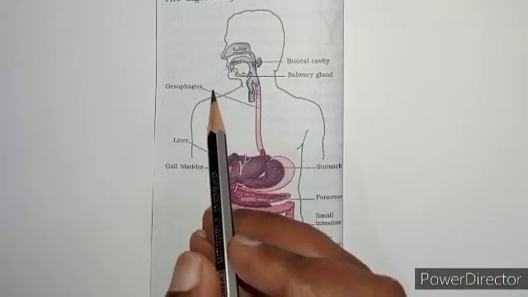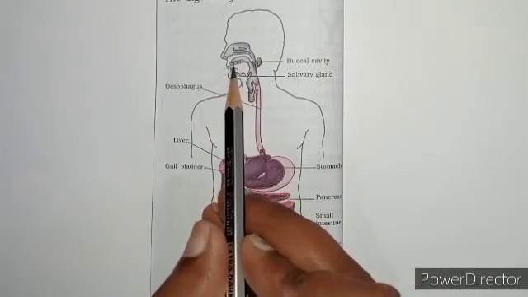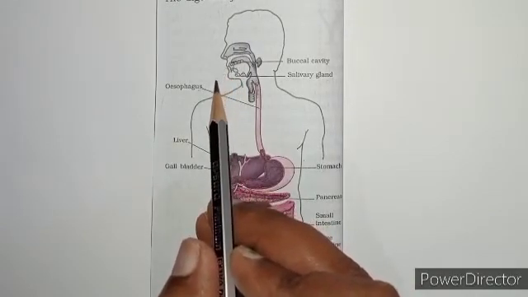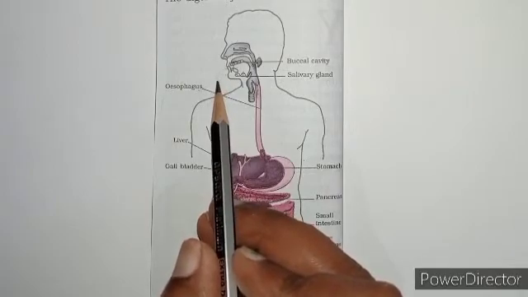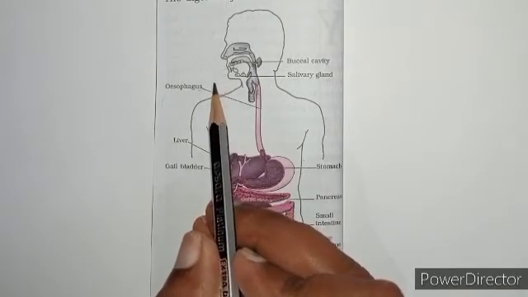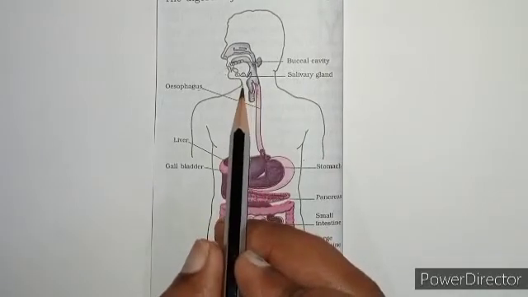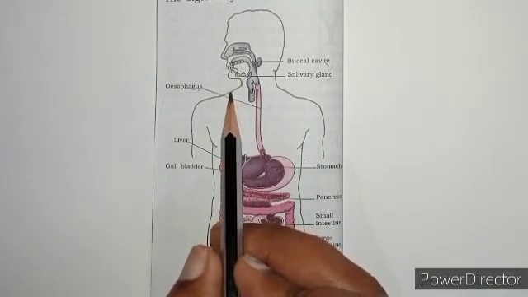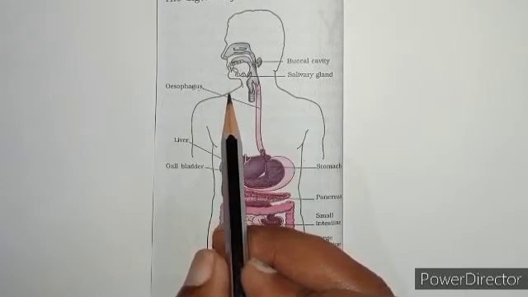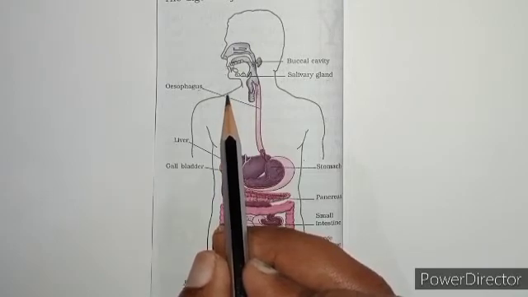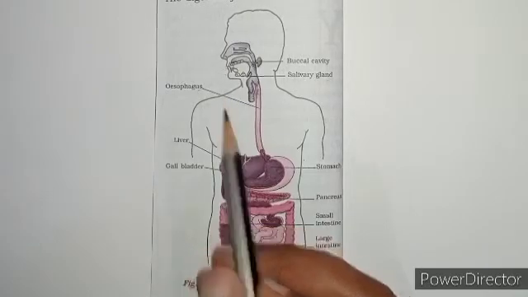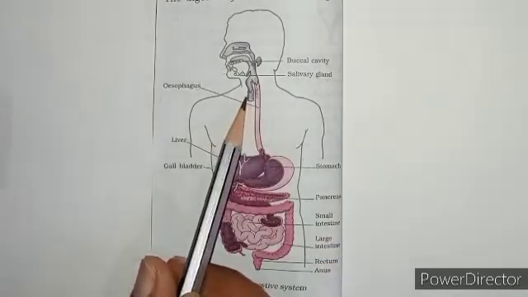Besides this, the tongue mixes saliva with food during chewing and helps in swallowing food also. We also taste foods with our tongue. It has taste buds and it detects different tastes of food.